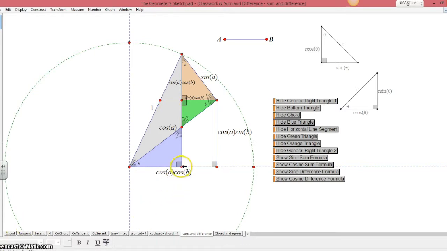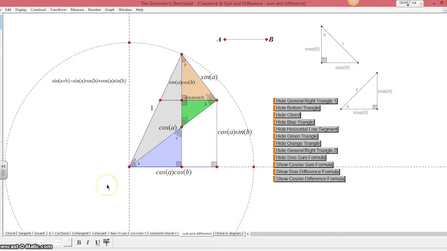In order to find these lengths, let us look at this length. This length is equal to these lengths. Therefore, we can say that cosine of alpha, sine of beta, this, plus sine of alpha, cosine of beta, this, equals sine of alpha plus beta, as seen here.